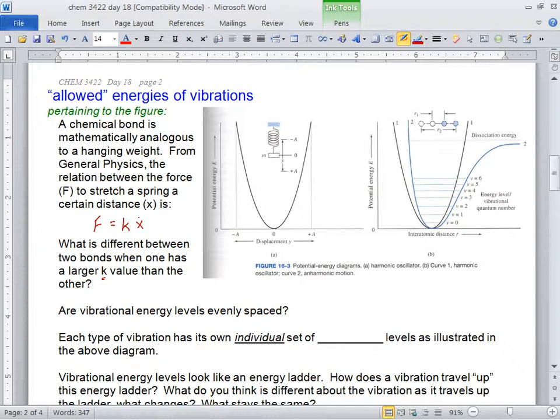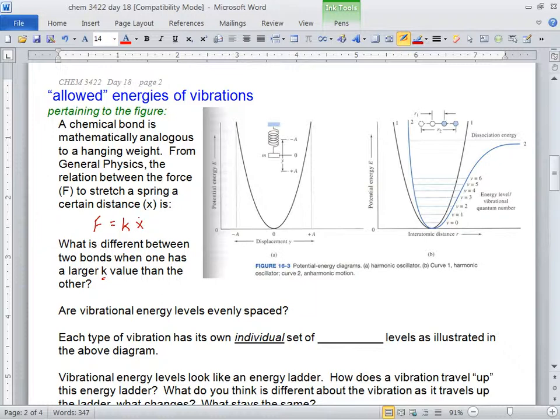So the farther you pull that weight, the more force you need. And k is just a proportionality constant, right? So the bigger k is, the more force you're going to need to pull it down a given distance.